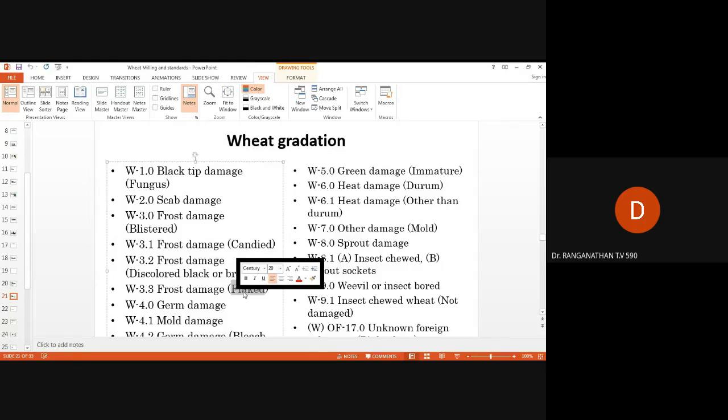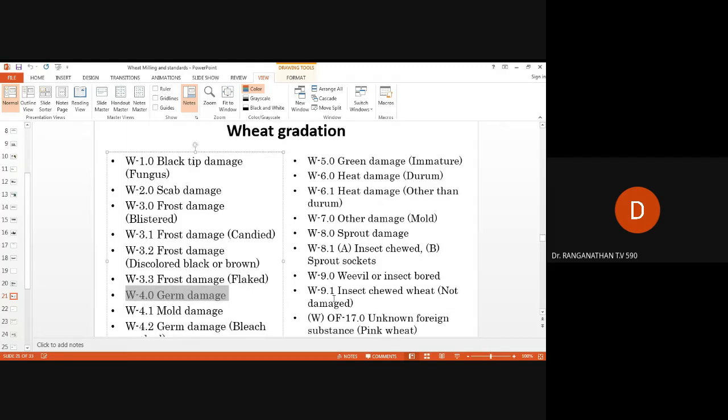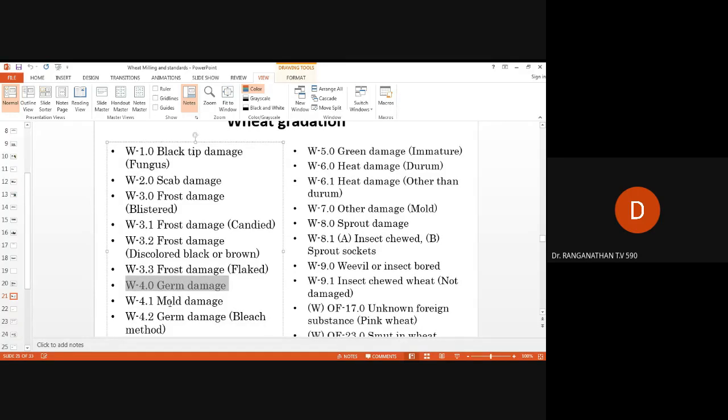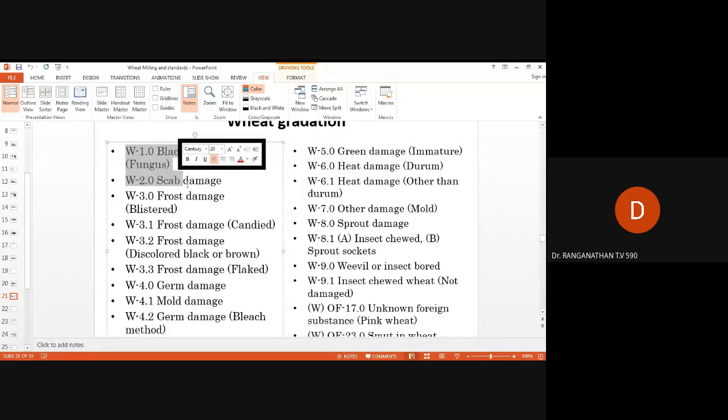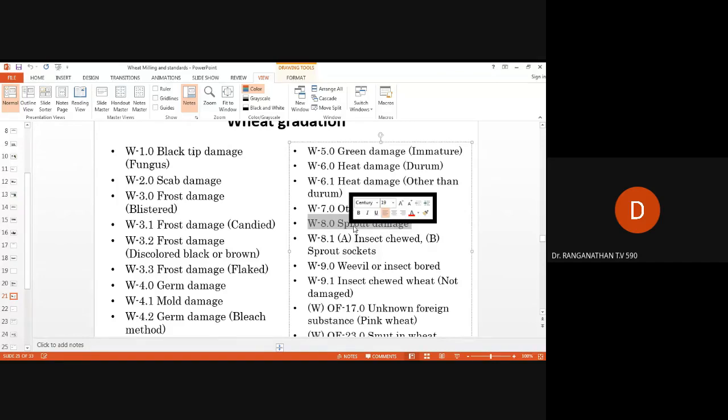If it is very light, then it is flaked, etc. Then you have the germ being damaged, and again you can have whether it is because of the mold or other things. Similarly, these are the various grades. Now, how is it done? These are put on a photographic paper and a photograph taken, and this is then compared with the standard colors to then give, for example, here you will see this is because of fungi, this is because of physical factors. You see here, sprout damage is because of biological factors.